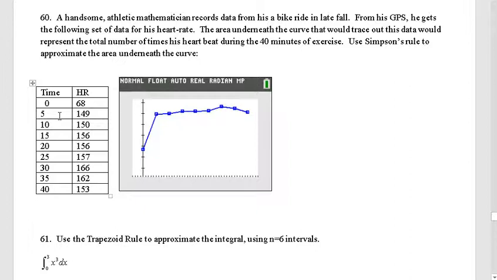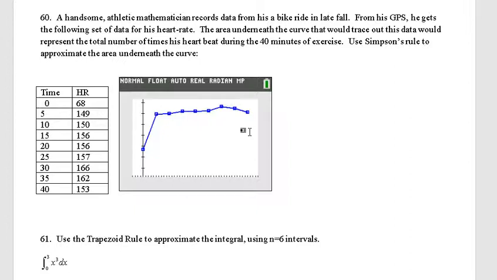So you've got this athlete that's exercising for 40 minutes. How often does his heart beat? Well, the heart rate times time is going to tell you how often it beat. And if you have the heart rate here, you can find the area underneath this curve, which is how often the heart beat during exercise. So we're going to do something similar with problem number 32.